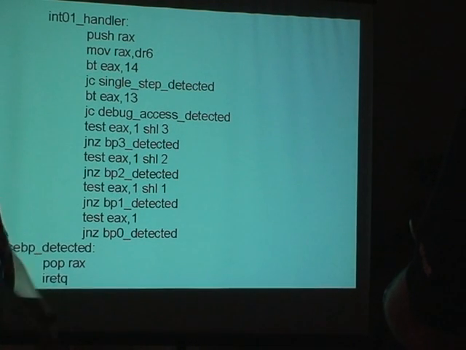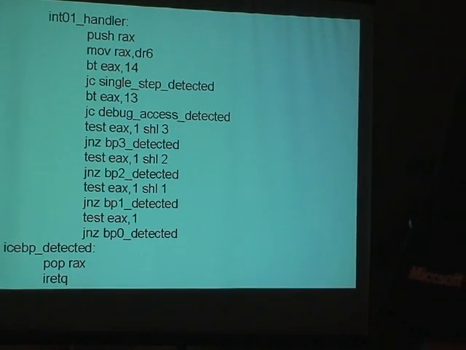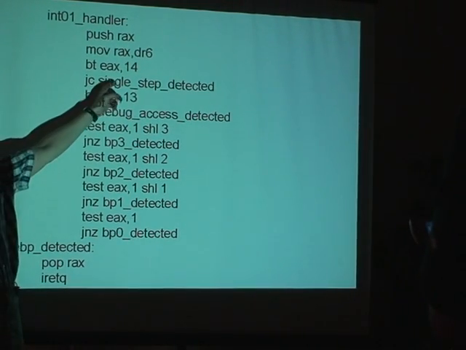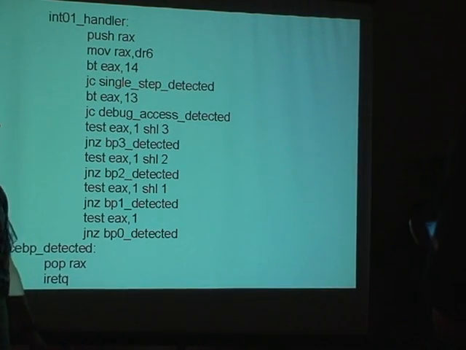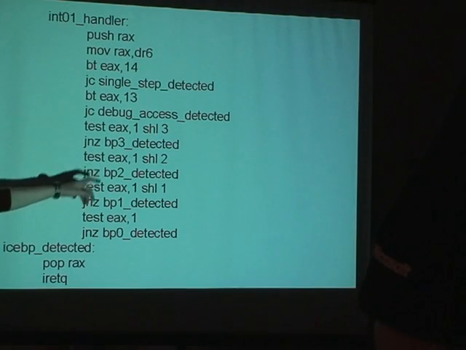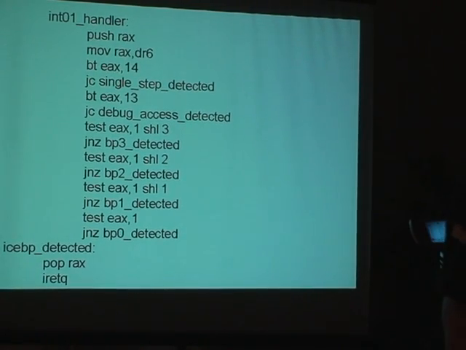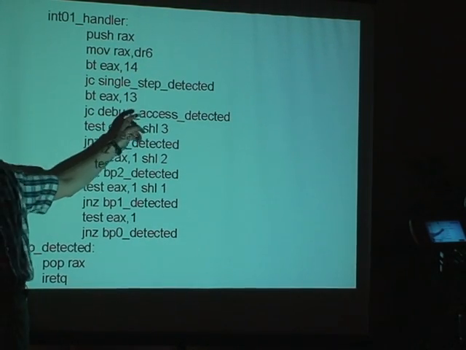If this bit is set, the cause of triggering interrupt 1 was single step. It means the setting of the trap bit of the flag register. When bit 13 of debug register 6 is set, it means that some program tried to access a debug register.